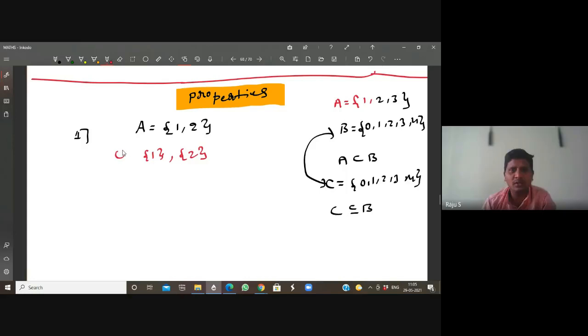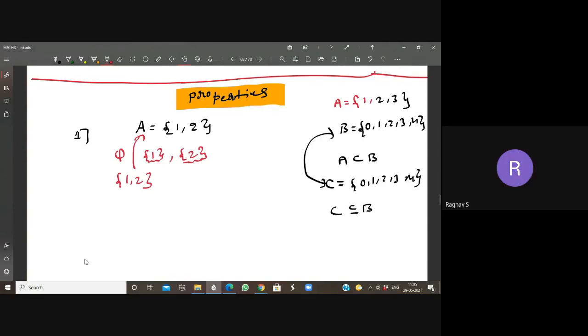But sir, you should not take {1, 2}. These are the subsets. The proper subsets are only {1} and {2}, because {1, 2} is equal to A. Other than the set itself, the subsets are called proper subsets. Right?